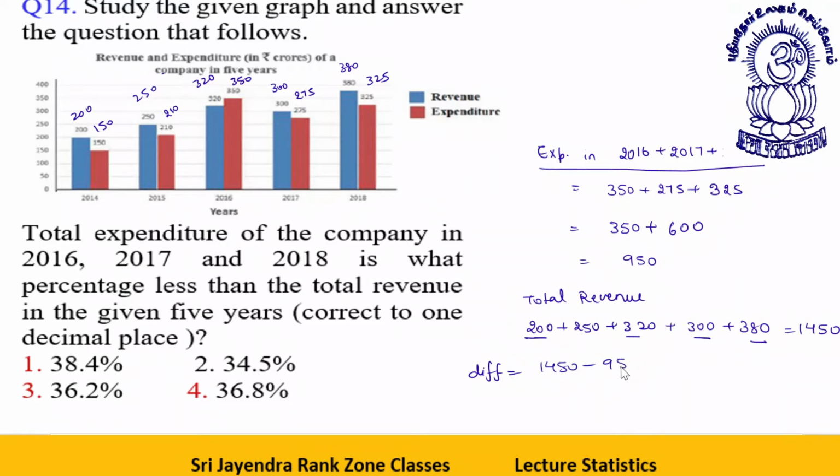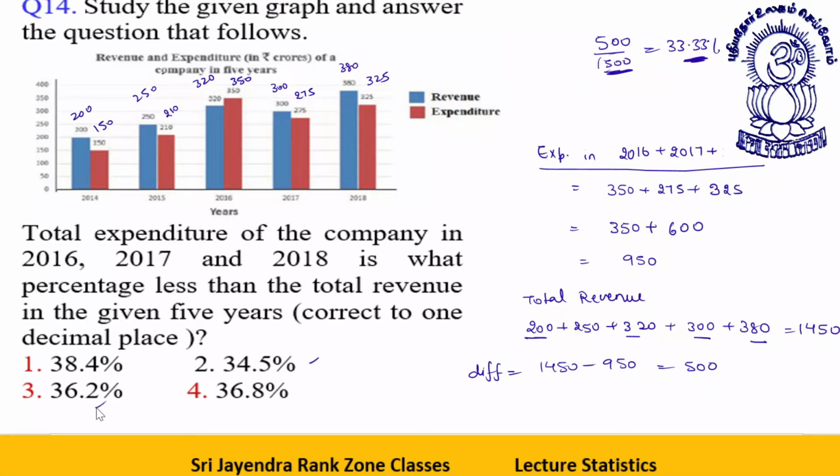What is the difference? 1450 minus 950, or 500. First of all, 500 by 1500 would be 33.33%. Here the denominator is less, so this answer will be a little bit more than 33.33.